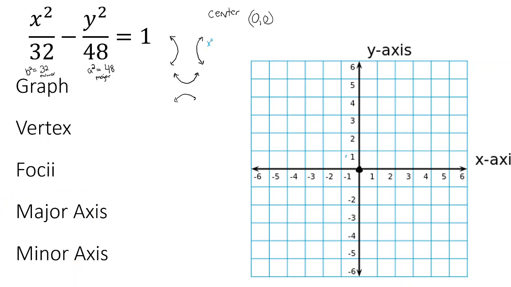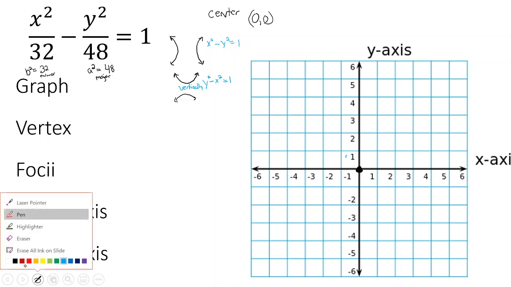So if it's x squared minus y squared equals 1, then it opens horizontally. If it's y squared minus x squared equals 1, then it opens vertically. Does that make sense? So in this problem, are they going to open horizontally or vertically? If you said horizontally, you'd be right because x comes first.